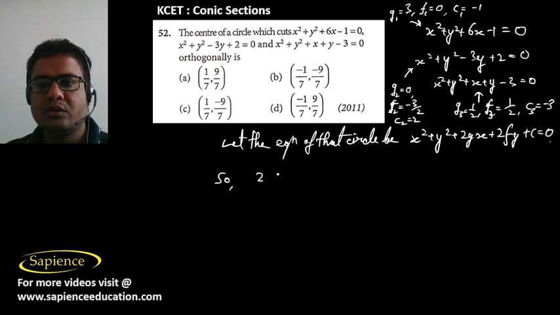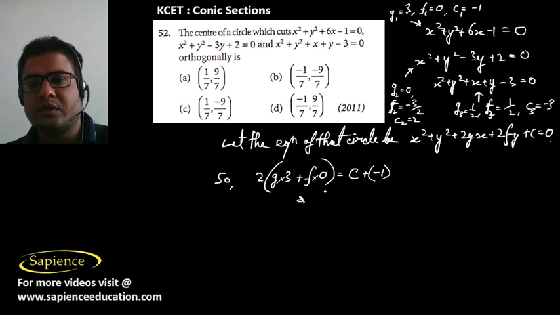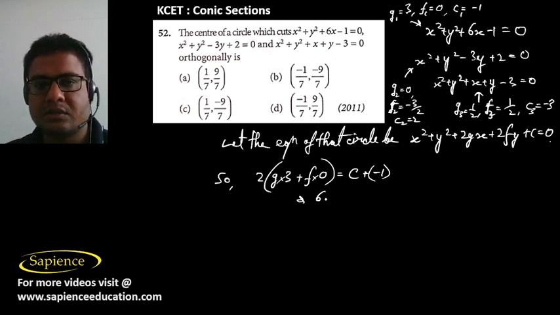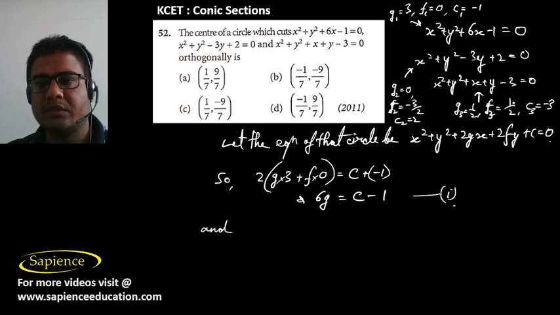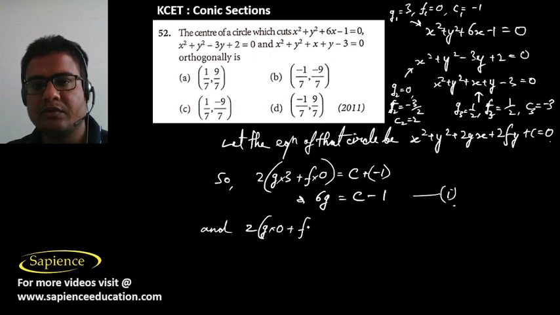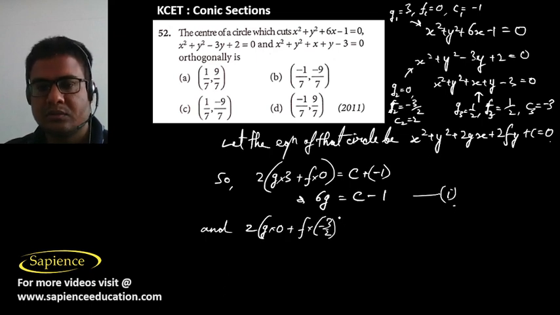So therefore 2 into g into g1 that is 3 plus f into f1 that is 0, that should be equal to c plus c1, that is c minus 1. So here we get one of the equations, that is 6g is equal to c minus 1. This is one of the equations, and another equation will be 2 into g into 0 plus f into minus 3 by 2 that is equal to c plus 2.